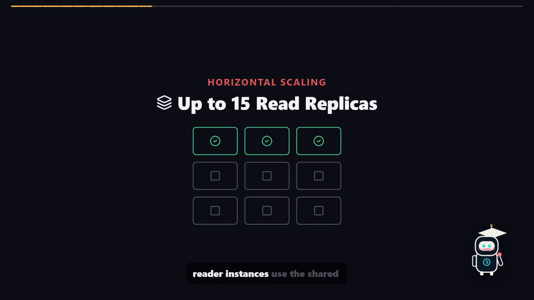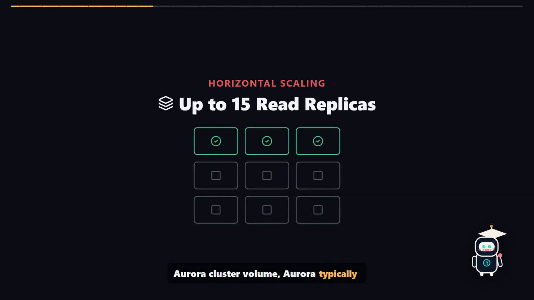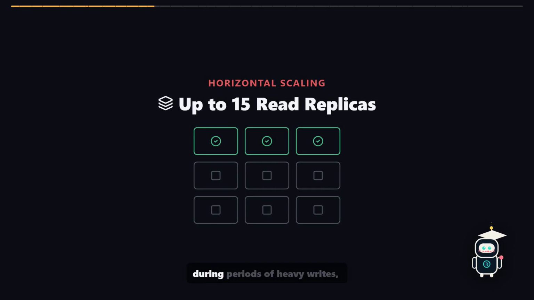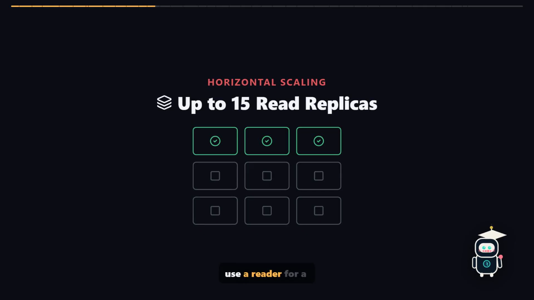Because the reader instances use the shared Aurora cluster volume, Aurora typically keeps replica lag very low, often much less than 100 milliseconds. But lag can grow during periods of heavy writes, so the application must not use a reader for a query that requires the absolute latest committed data.